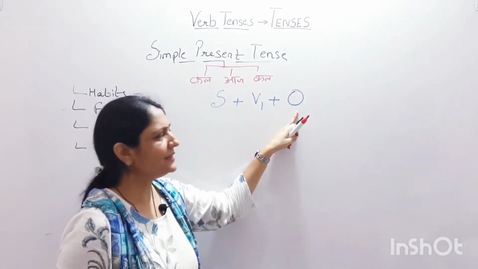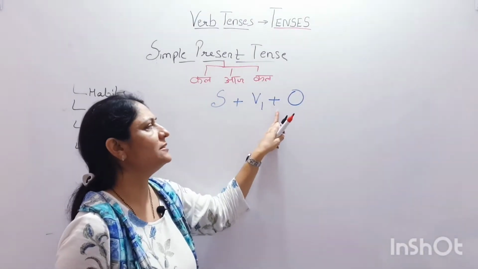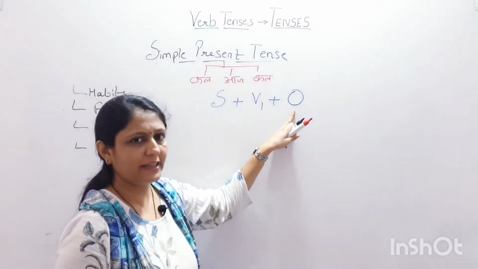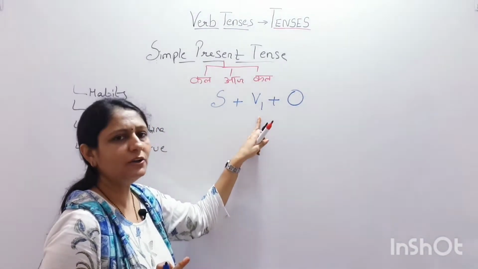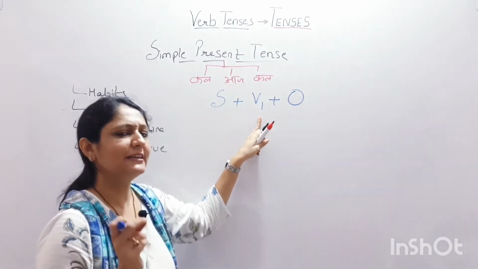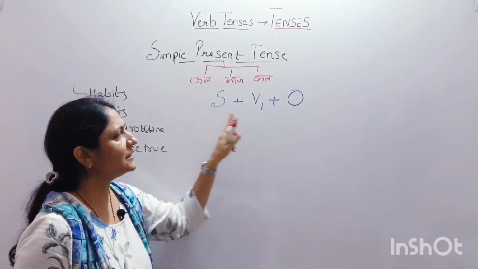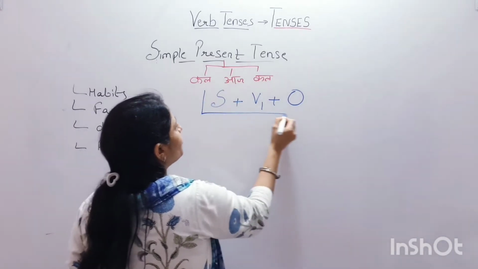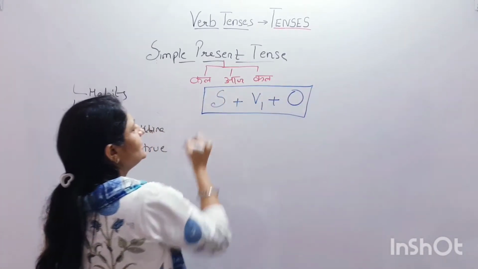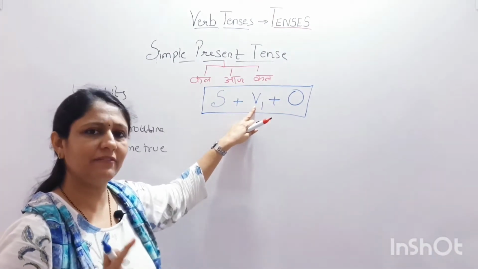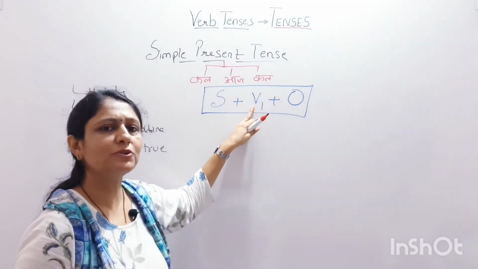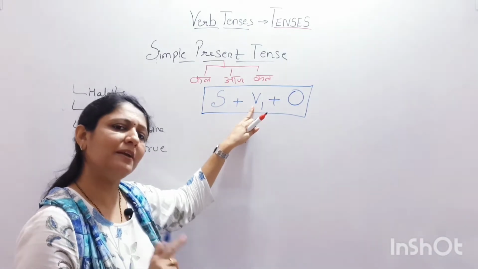It is not necessary that every sentence has an object, but a sentence should always have a subject and a verb to call it a sentence. Fine? So this is the formula of our simple present tense, and you all very well know what V1 is, because I have explained these as the forms of main verbs in my last video.